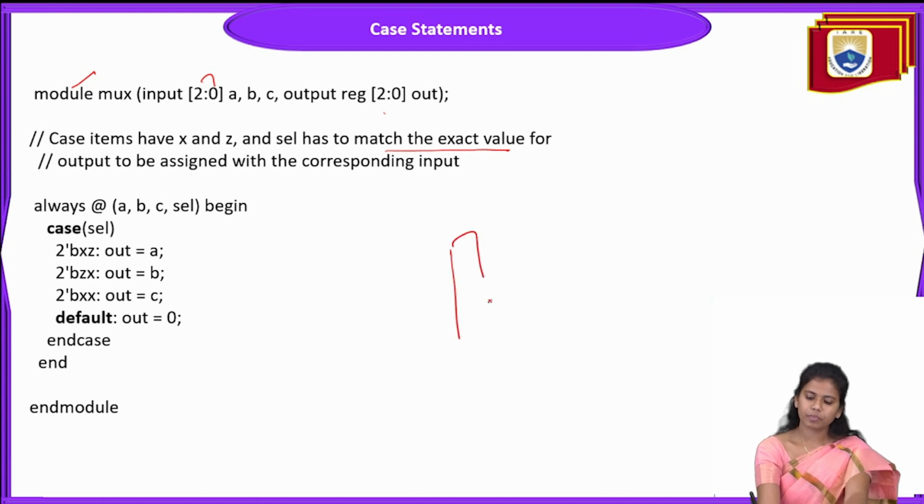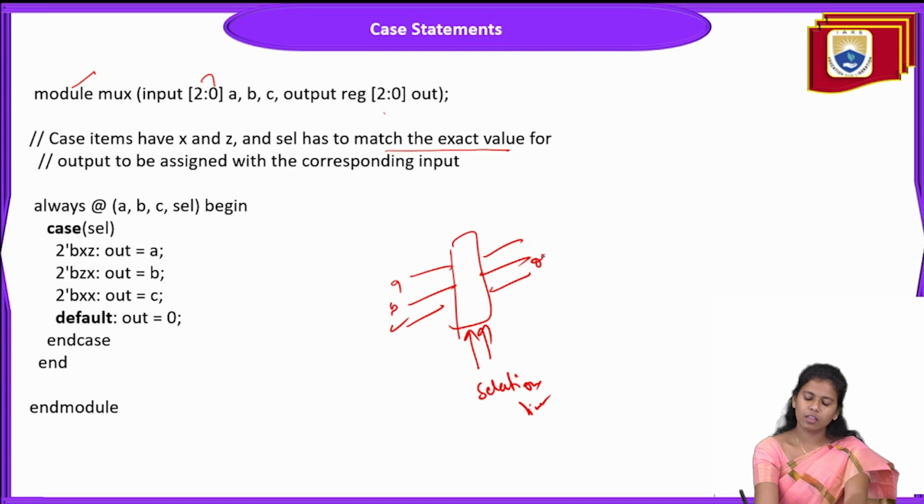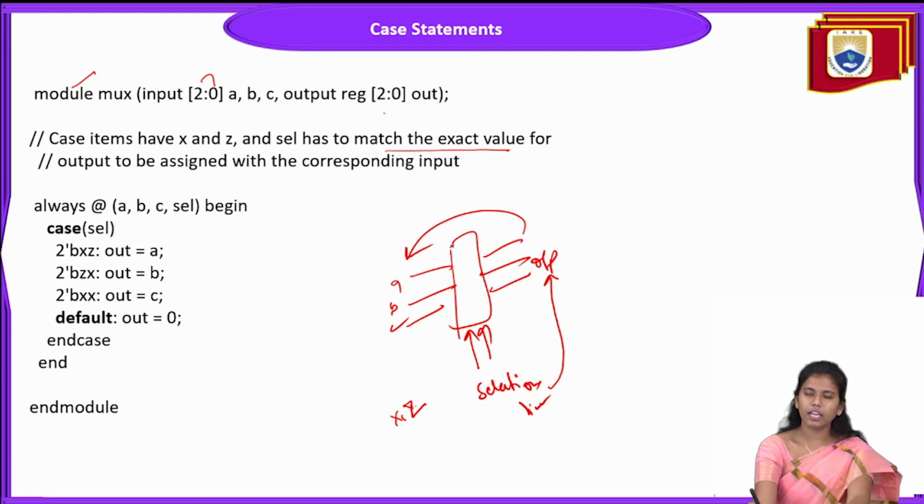So here I have ABC, I have selection lines, and I have the output. The case items have X and Z, for example, and they have to match the exact value, and the output is assigned with the corresponding input based on these selection lines.